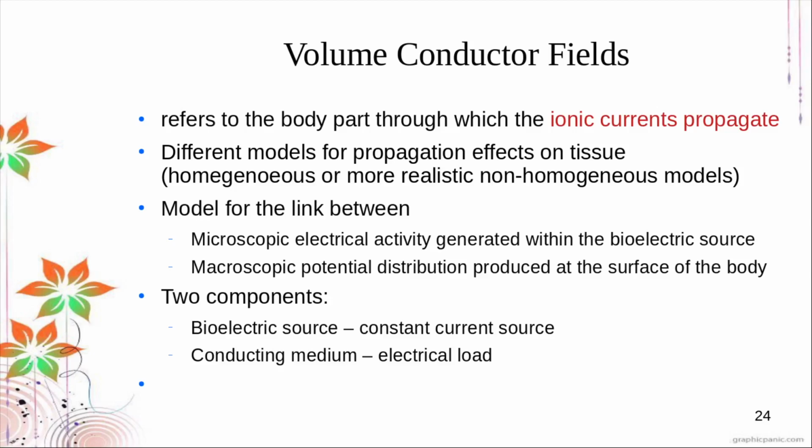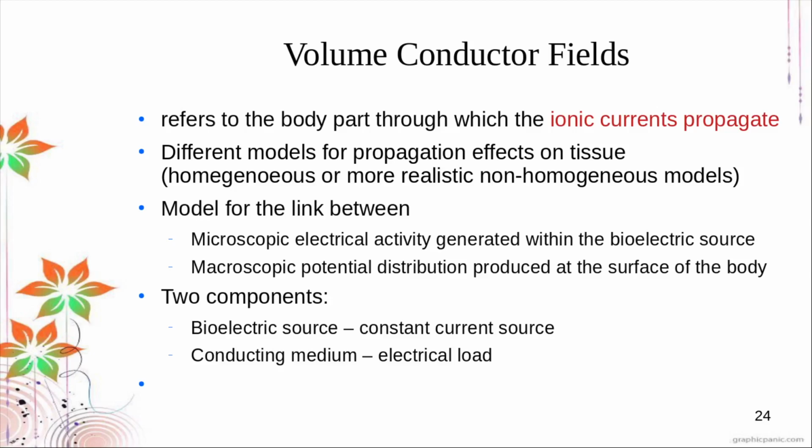EEG is much more difficult because the electrical sources here, which are the neurons in the brain, are protected by layers of tissue, the glia, and then you have the skull, the bone, and then the scalp, and then even the hair.